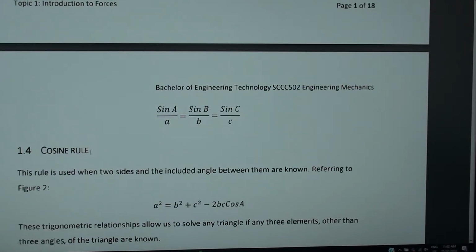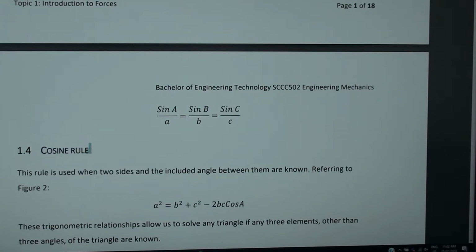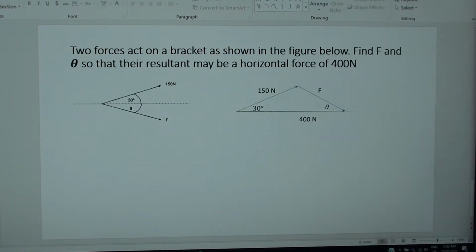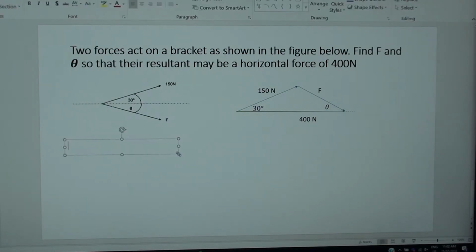First, we can start solving it by using the cosine rule, then we see how we can solve this question. So we go back and insert the cosine rule. For this one we'll be using the equation.